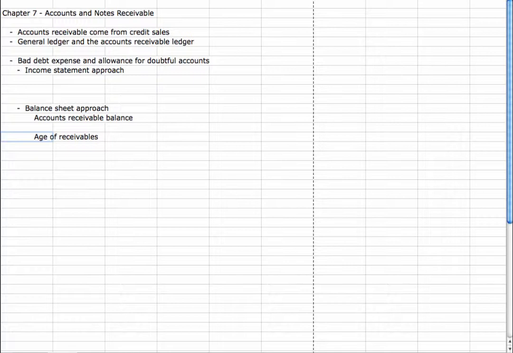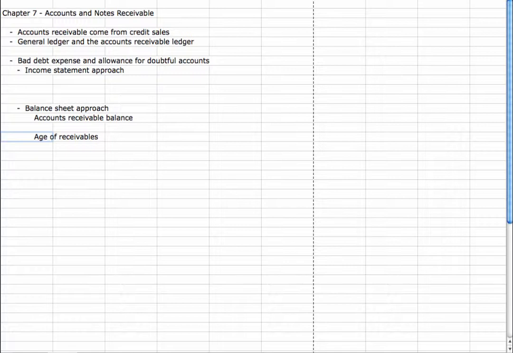Because of generally accepted accounting principles, which is what we use to create our financial statements, we have to use the allowance method and the creation of the allowance for doubtful accounts for the recognition of bad debt expense.